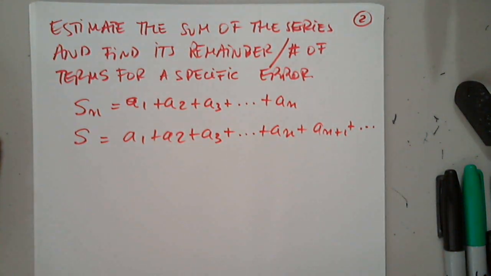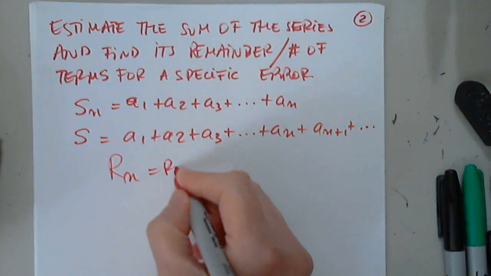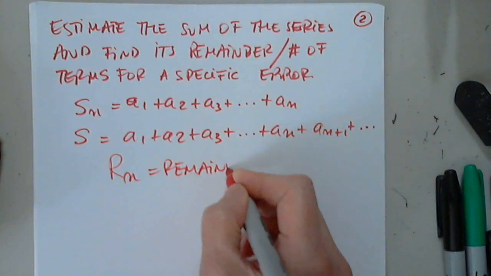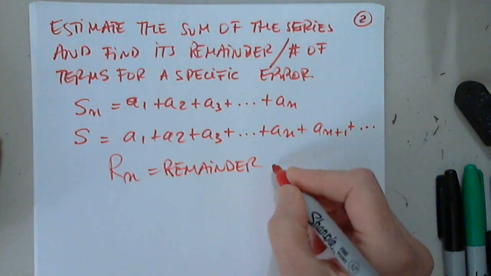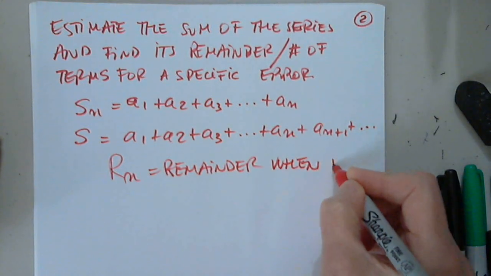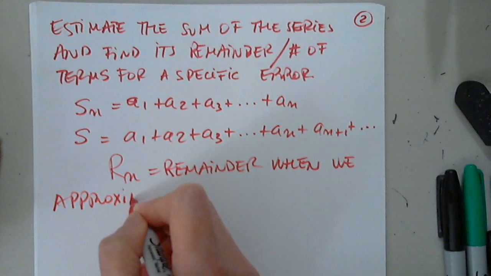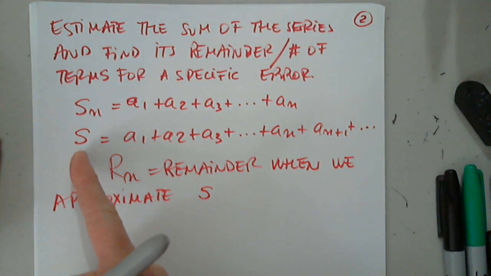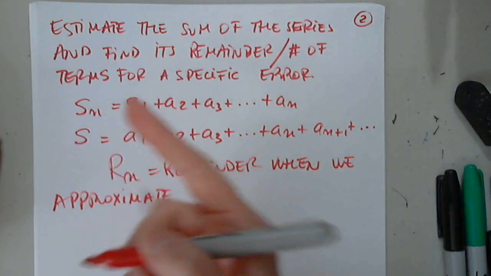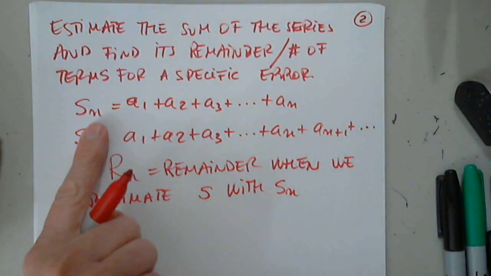And when we want to determine the remainder when we approximate S, the entire sum, with a particular S sub n, with the nth partial sum.